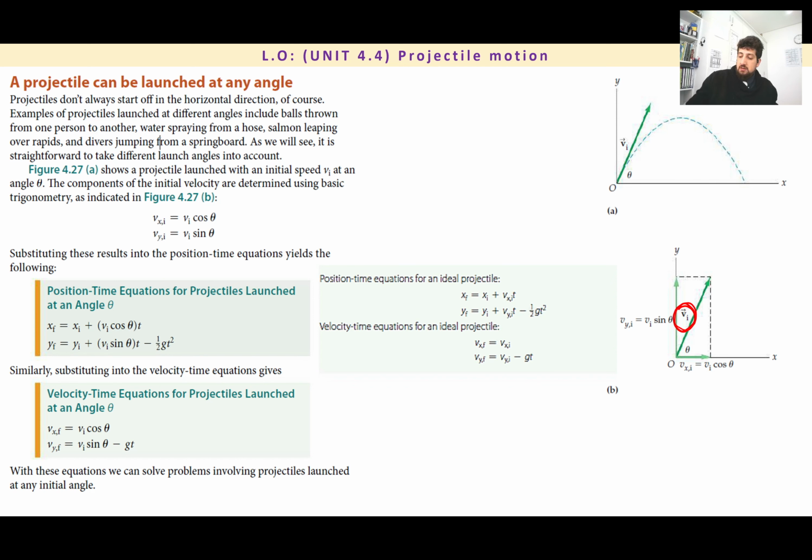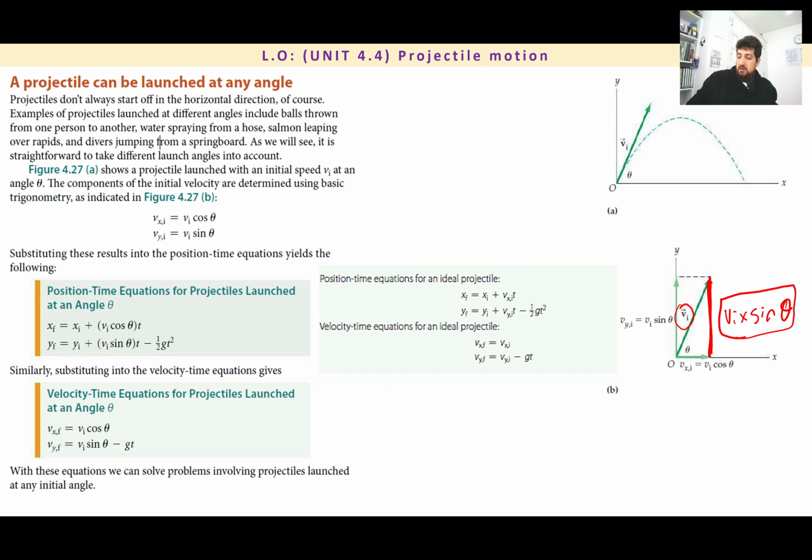And then if it's over here on that side, then it's going to be the opposite, which is going to be the hypotenuse, Vi, multiplied by the sine of theta. Okay, so if I'm trying to work out this side here, let me just show you an example.